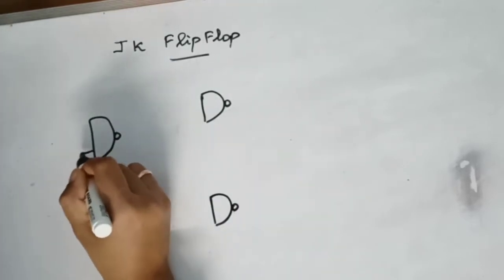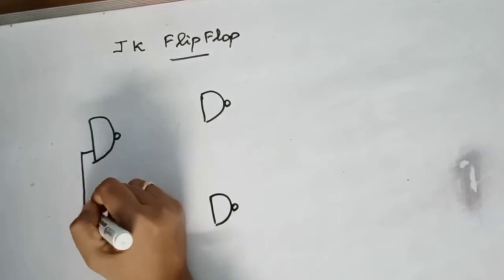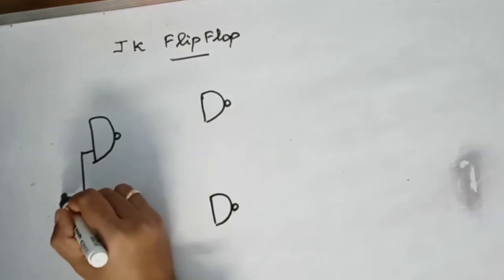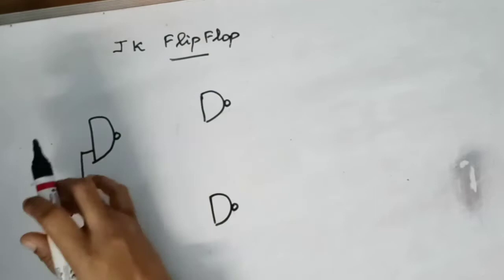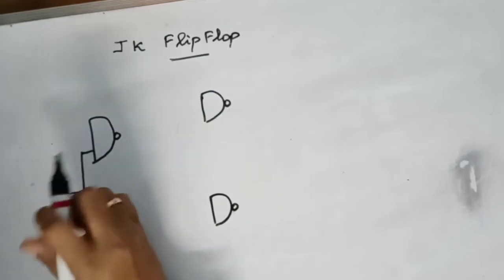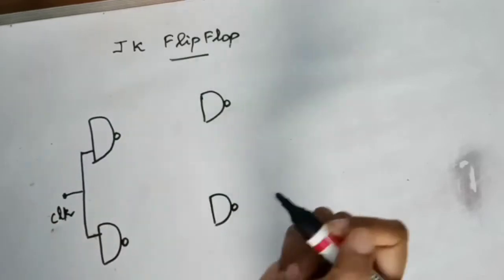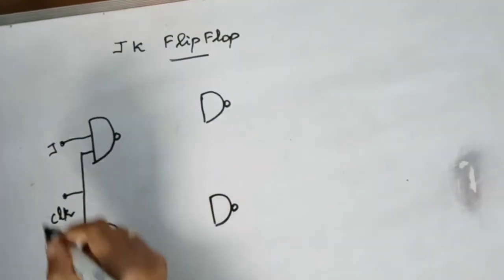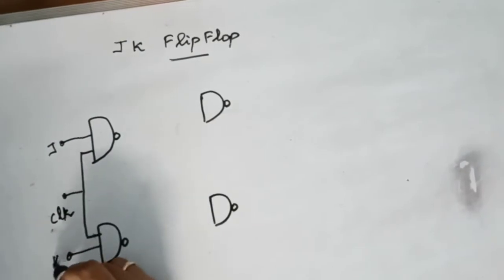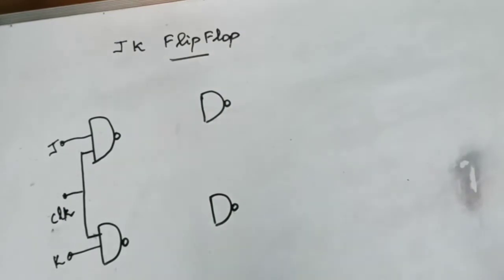Instead of a 2-input NAND at the input, we have a 3-input NAND. This is the clock. Here you have J, here you have K. In the place of S you have J, and in the place of R you have K.